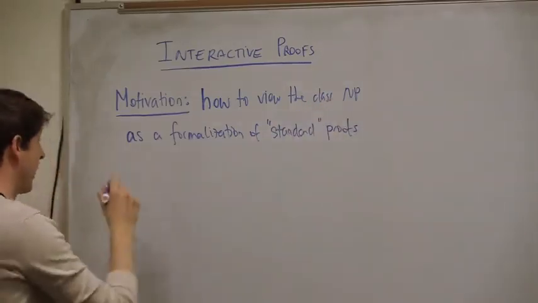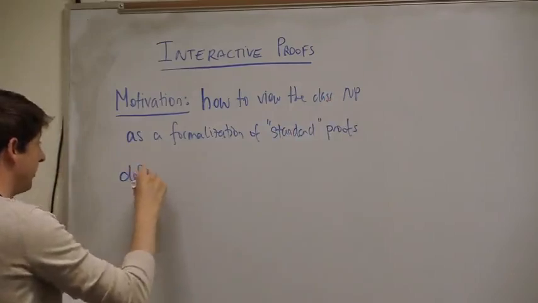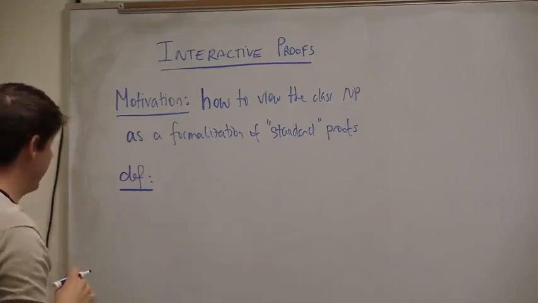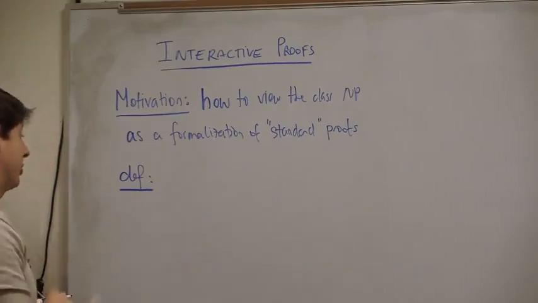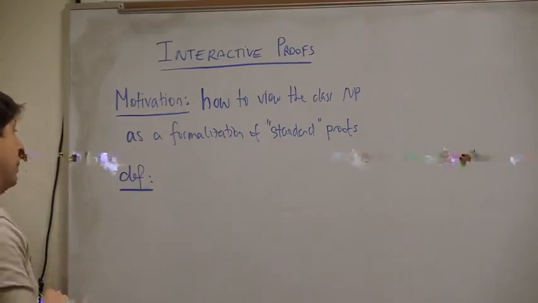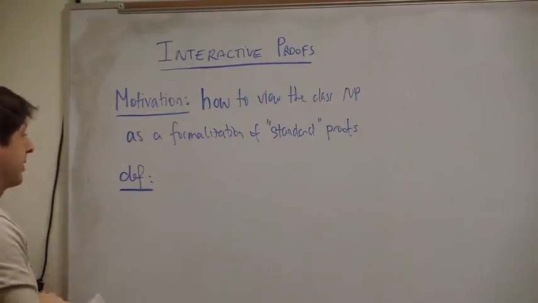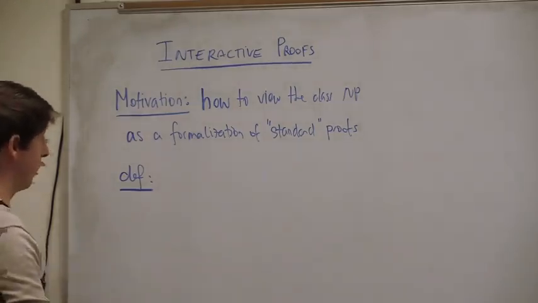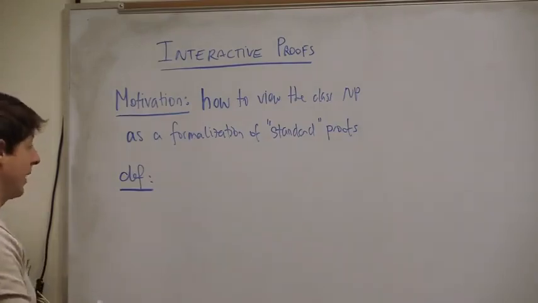So let's write down the definition of NP. The last time that I defined NP in this course, it was relative to the notion of binary relations, which at that time was more convenient because they're easier to cast as binary relations.